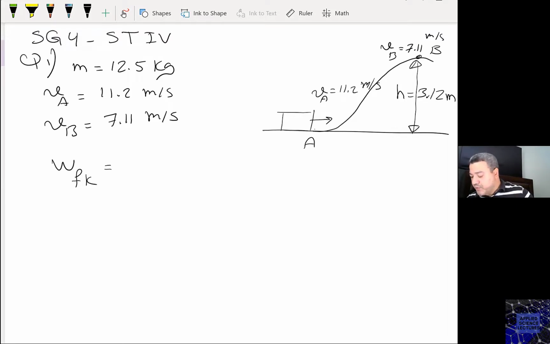So if I call this point B, and this is the point A. So I will be looking at the difference between both energies.